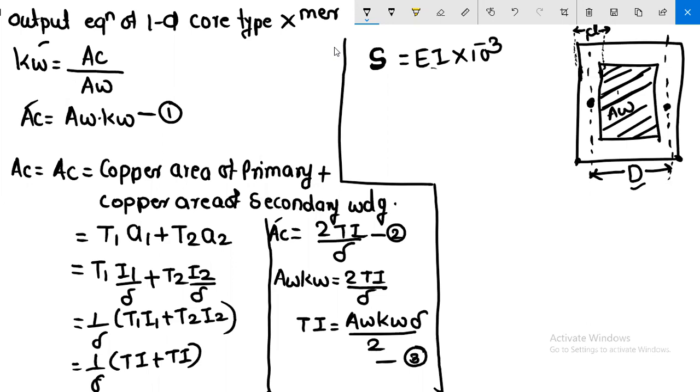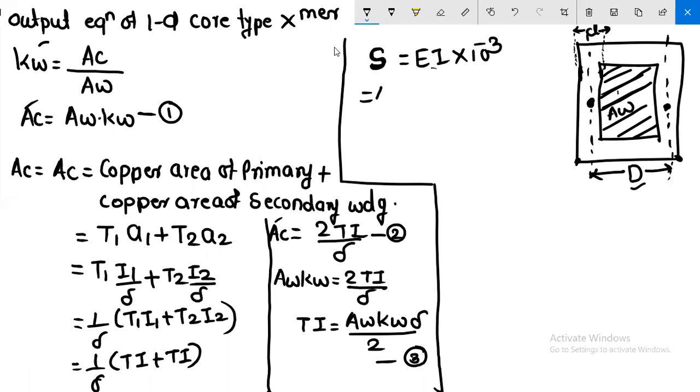E stands for the EMF. It is not related to the EMF per turn. EMF is different and EMF per turn is different. I stands for the current. Okay. Now, what is the EMF equation of the transformer?